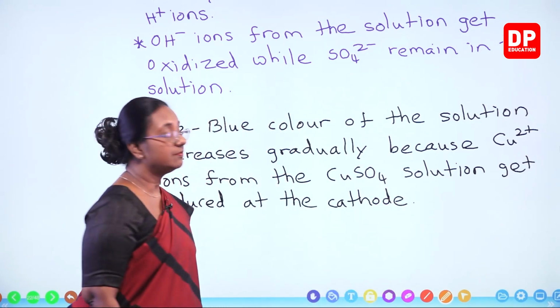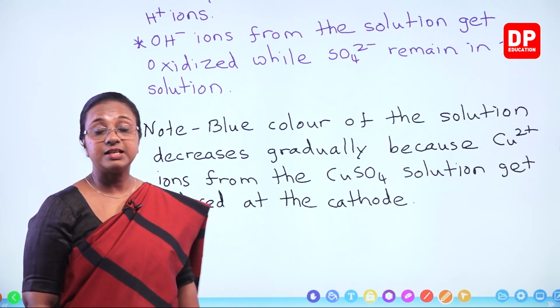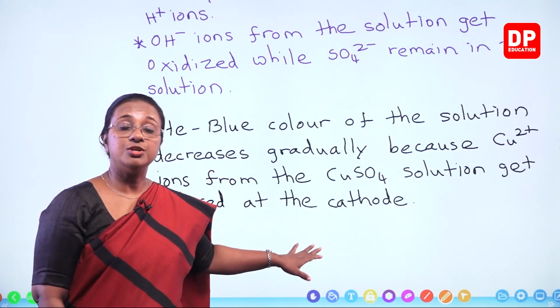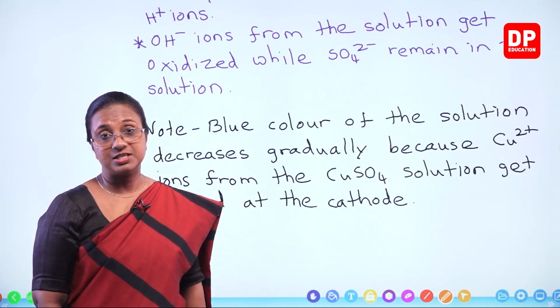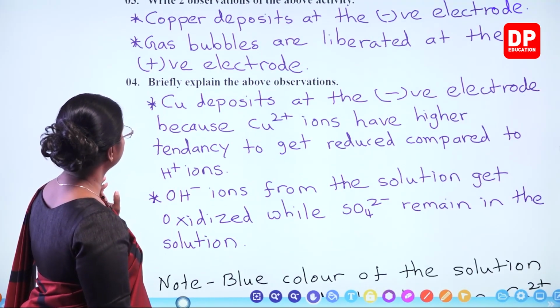That is the reason why the blue color of the solution decreases gradually. So, if you wrote that as the observation, you will have to write this explanation. Otherwise, we can stick to the two previous reasons.